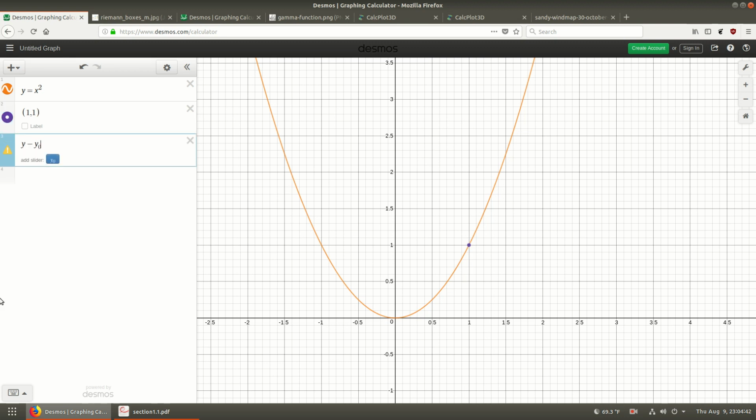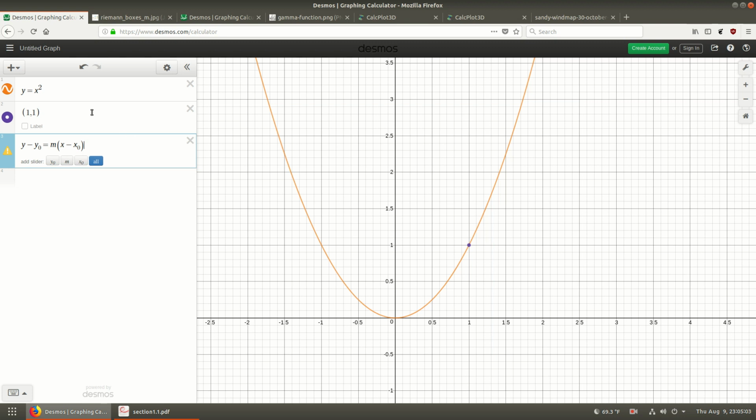Now, to do this, you need to remember there's a formula for the equation of any line whatsoever. And it looks like this. It's called the point-slope form of the equation of a line. Now, it's not the same as mx plus b, which is called the slope-intercept form, but it's something we can use.